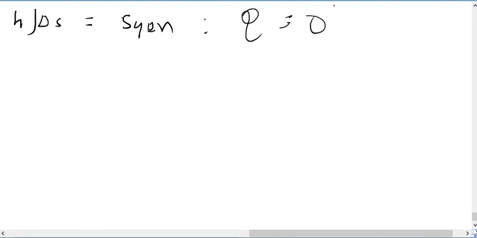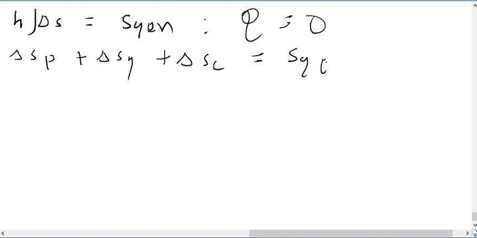So the S of piston plus the S of gas plus the S of copper is equal to entropy generated.